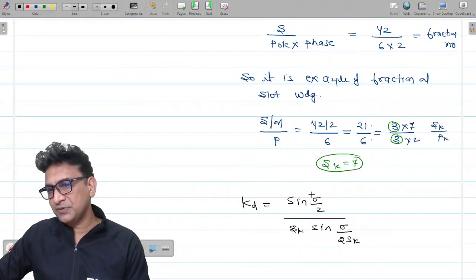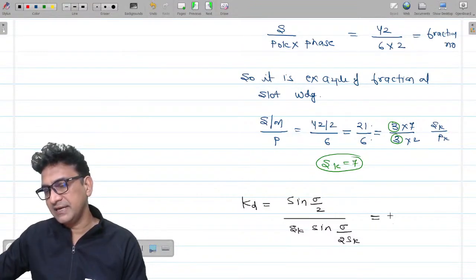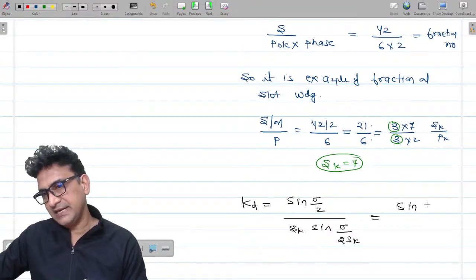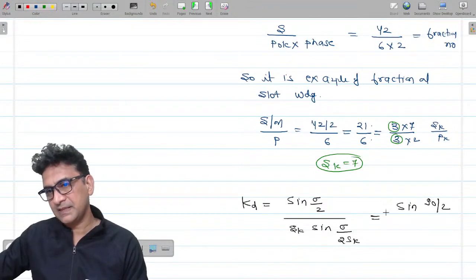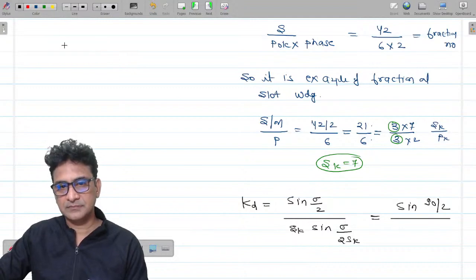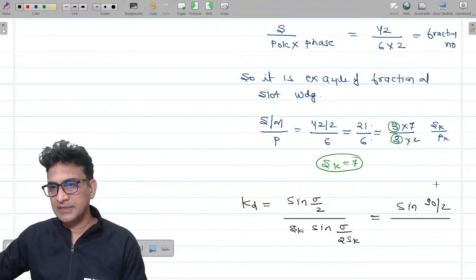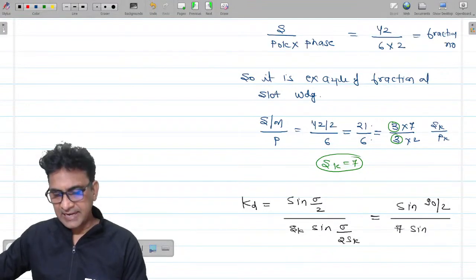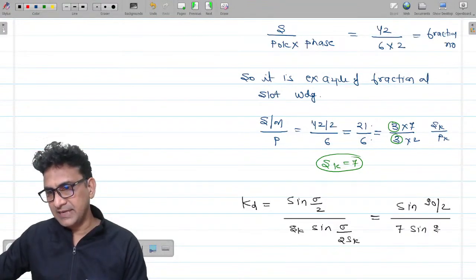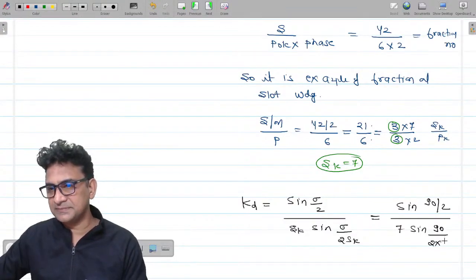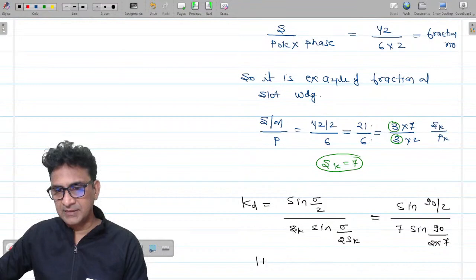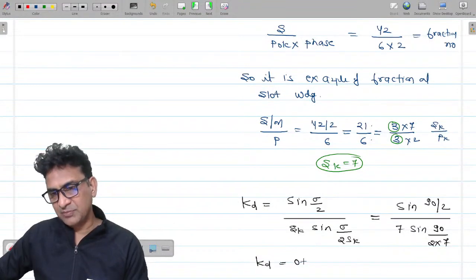In case of two-phase winding, what is the sigma? Sigma is 90 degree. So it is sine 90 by 2, upon Sk into sine 90 degree upon 2 into Sk. Sk is 7. So the Kd would be 0.9022.